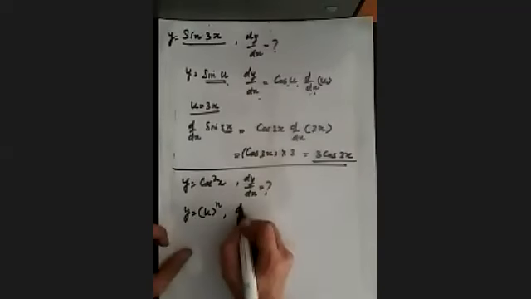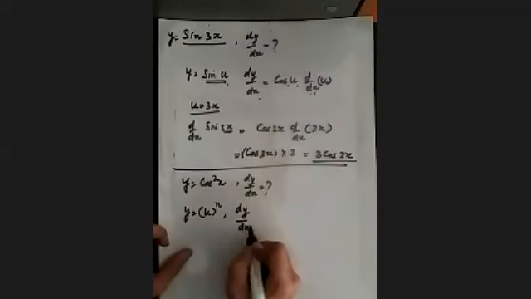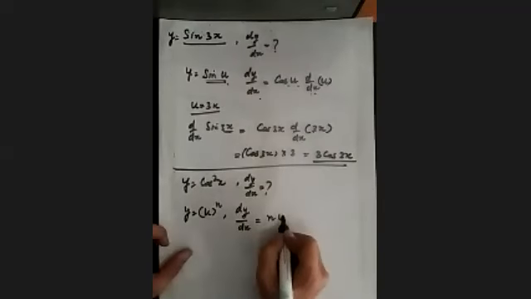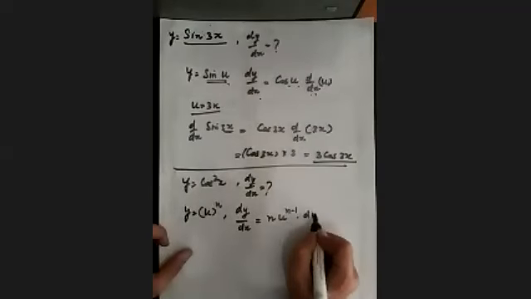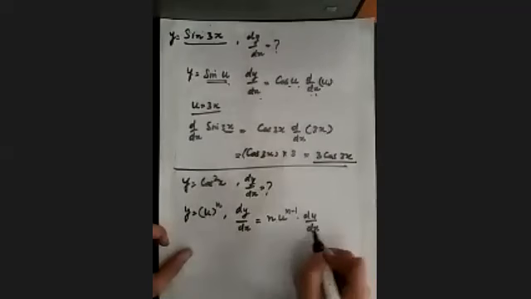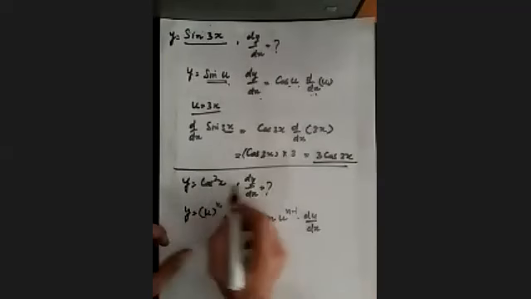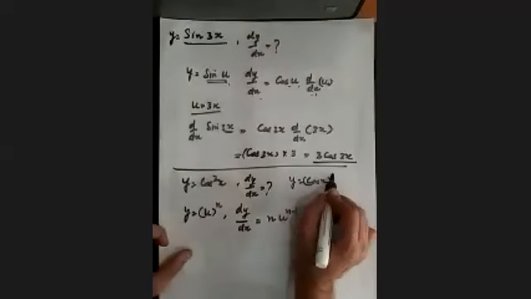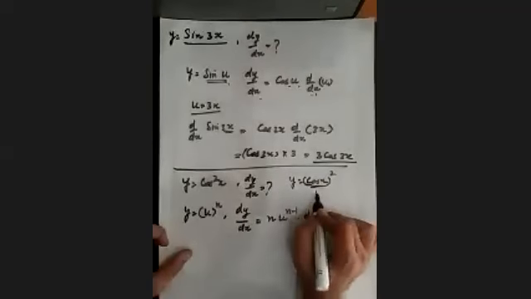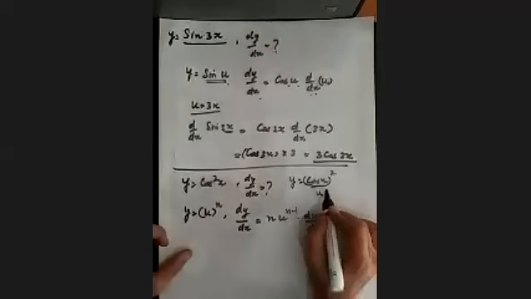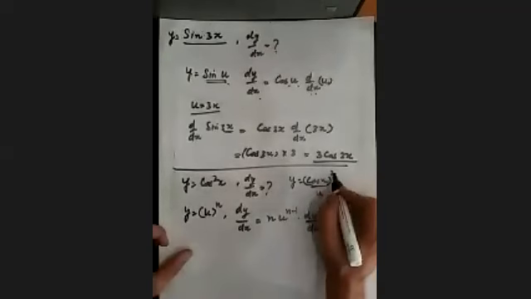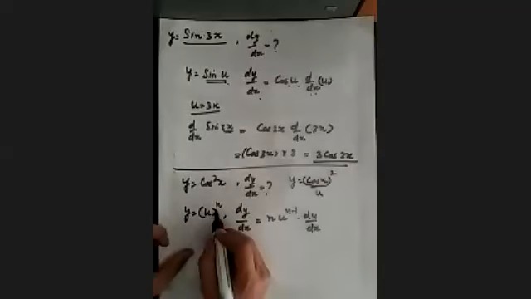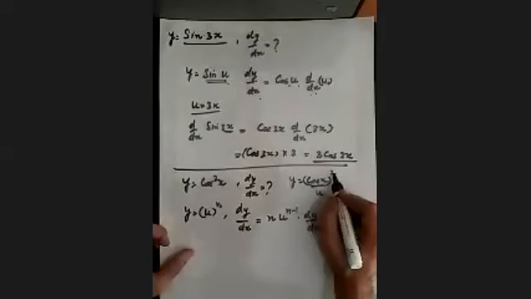So dy by dx will be given by n u to the power n minus 1 du by dx, because we can write y is equal to cos x whole square. So cos x, let us say this is u. So y is equal to u to the power n, n is equal to 2. So u to the power n, that is the standard formula we are going to use to solve this. Here u is equal to cos x, n is equal to 2.